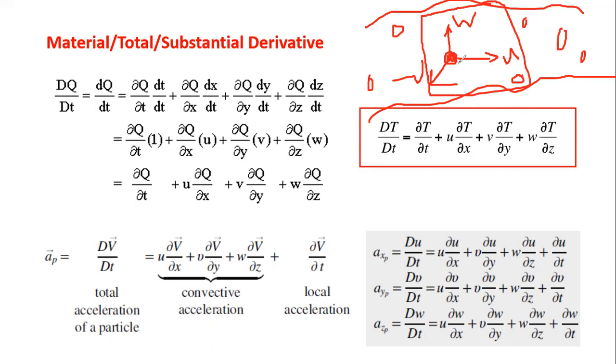The particle at this location, let's say this location is x node, y node, z node, and the time at the point we start to observe the particle is t node.